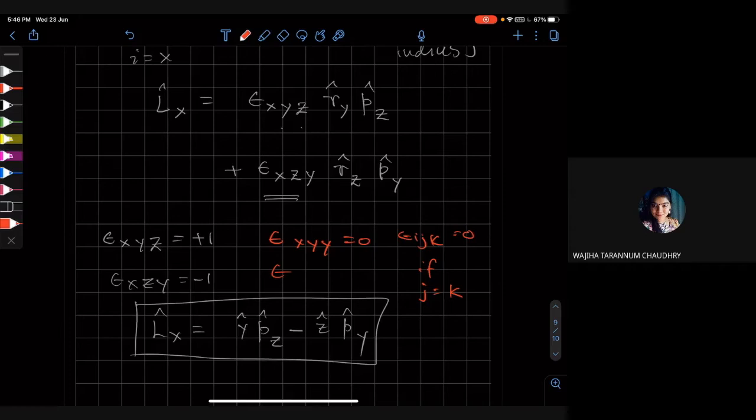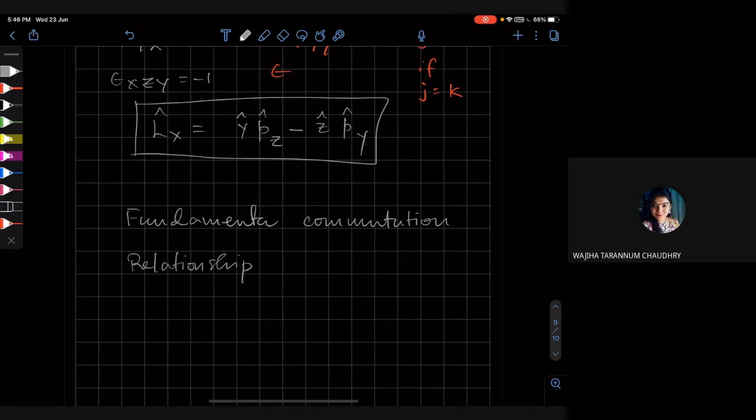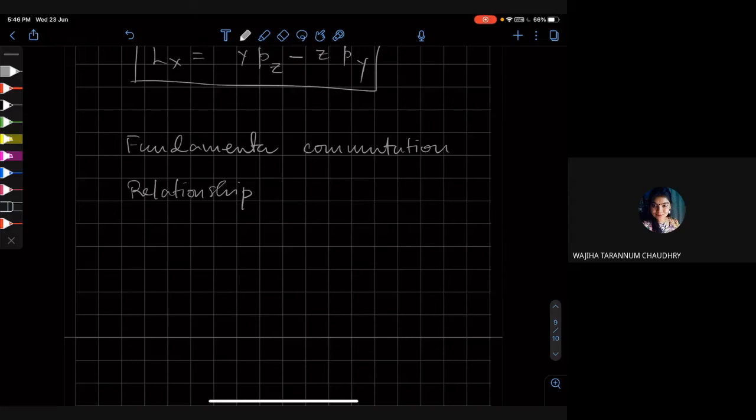Okay, so now what we're going to do is use our fundamental commutation relationship. What is our fundamental commutation relationship? I'm going to drop the carets, okay?